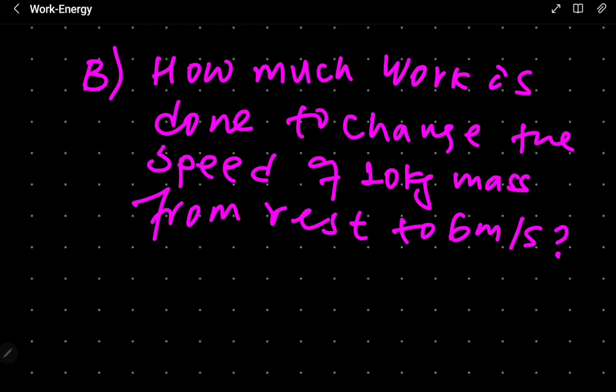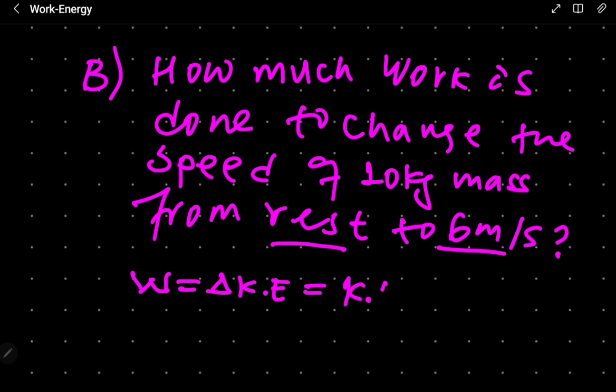This time we are required to calculate the work done. How much work is done to change the speed of a 10 kg mass from rest to 6 meters per second? You can calculate the change in kinetic energy as the work done. So the work done is equal to the change in kinetic energy, which is kinetic energy final minus kinetic energy initial.